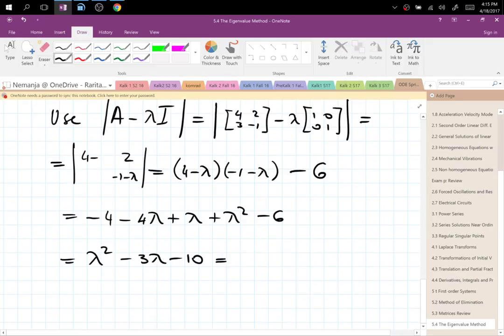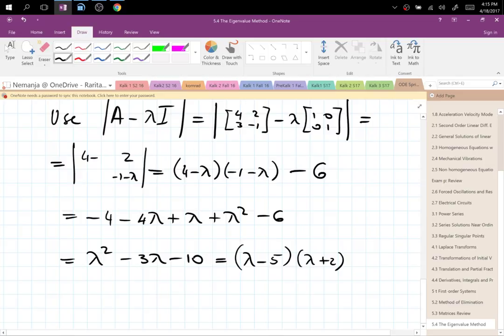And that further breaks down into lambda minus, what would that be, 2 and 5? 2 and 5. So yes, negative 5. So lambda minus 5, lambda plus 2.